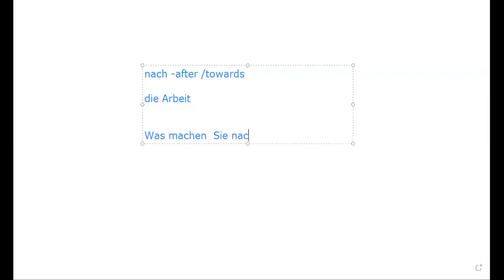Was machen Sie? Nach der Arbeit. I am doing the change. Yes or no? Because nach is a dedicated dative preposition. Just now we have seen the same example like die Party; here it is die Arbeit. So die will change to der. So I'm doing the change. That's it. What are you doing after the work? Nach der Arbeit. Okay. So what will be the answer? What do you do after the work? Generally.